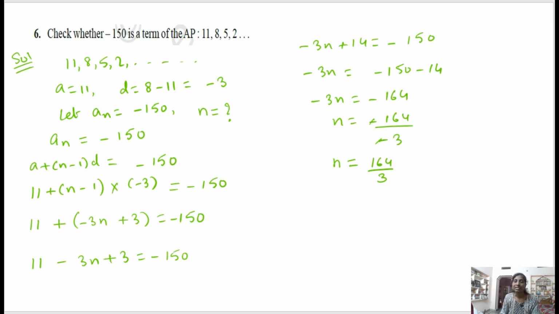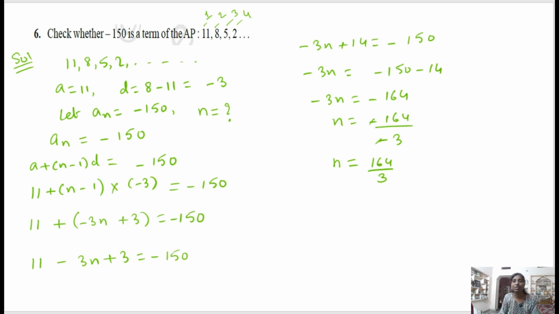But what is n? n is the position of minus 150. The position is a fraction. Is it possible? See, here 11 is the first term, 8 is the second term, 5 is the third term, 2 is the fourth term.